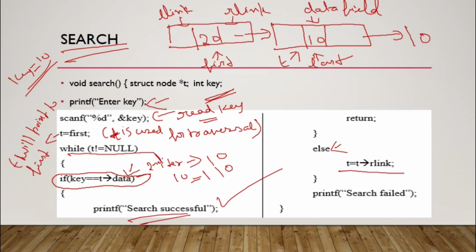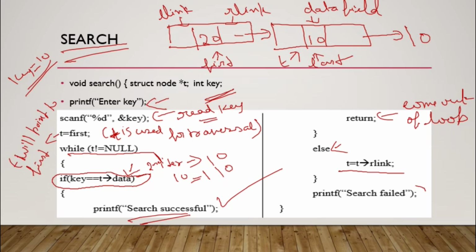Once it does, it will come out. It will print and it will return. Return means come out of the loop. Otherwise, students, it will keep checking till t becomes equal to null. If that happens, it will not execute any if or else case.